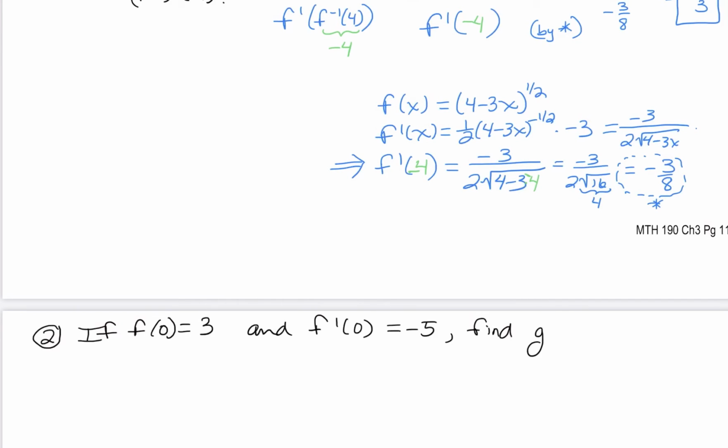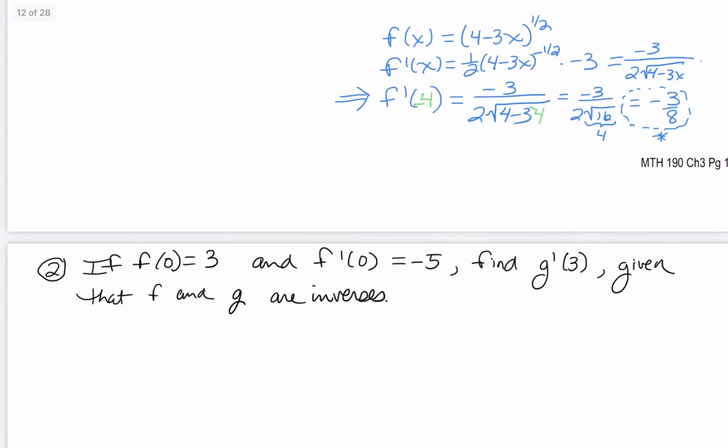Let's find g prime of 3 given that f and g are inverse functions. All right, so your g prime at 3, let's go ahead and write that out.